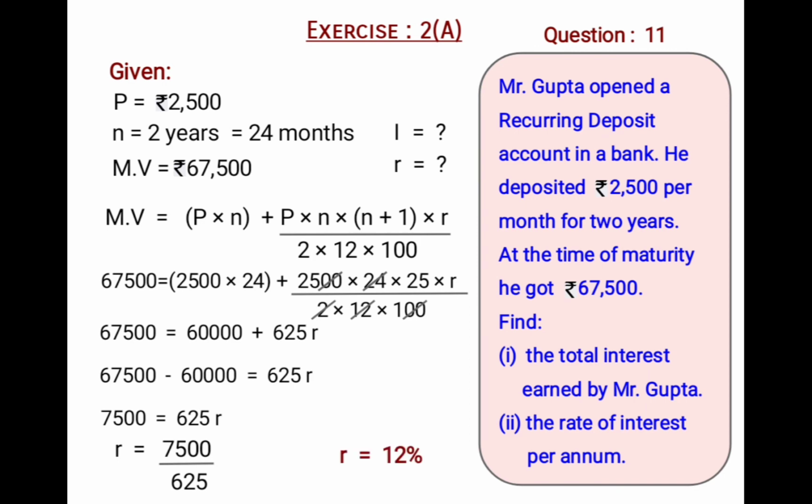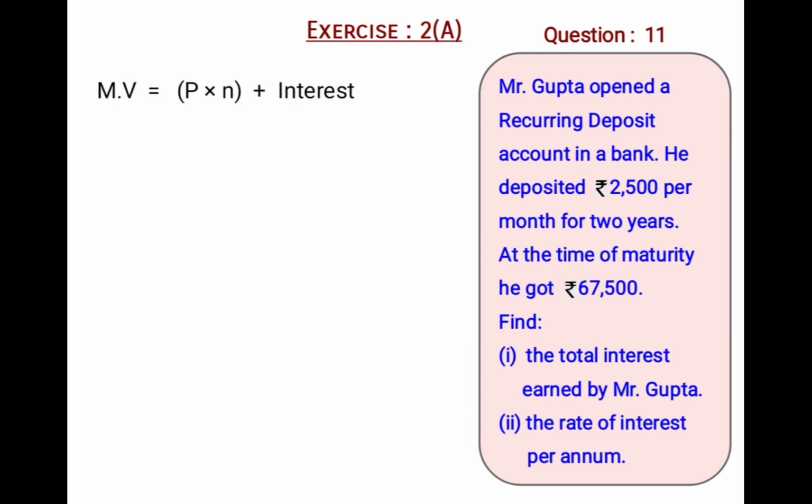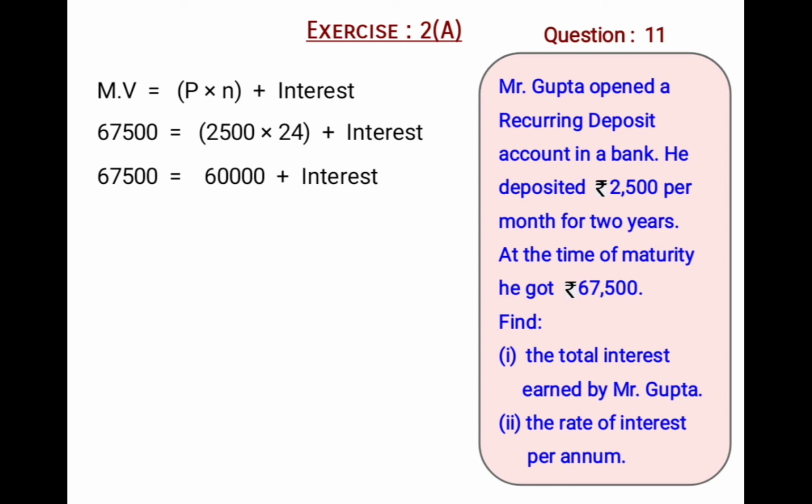Next, we are going to find interest. For that, we know the formula MV is equal to P into N plus interest. Therefore, 67,500 equal to 2,500 into 24 plus interest. 67,500 equals 2,500 into 24, 60,000, plus interest.